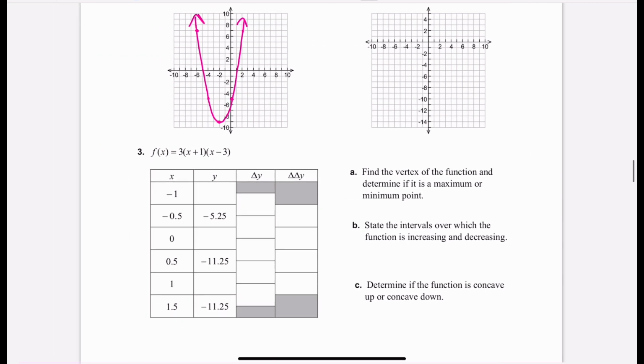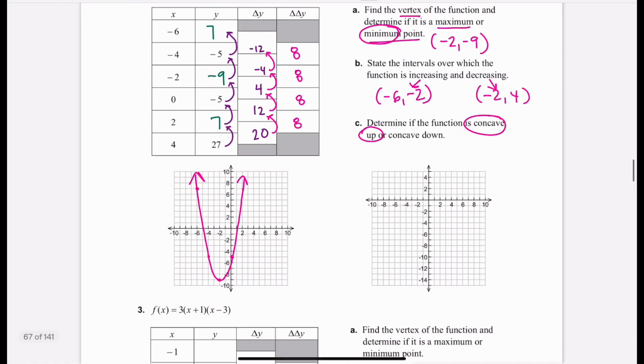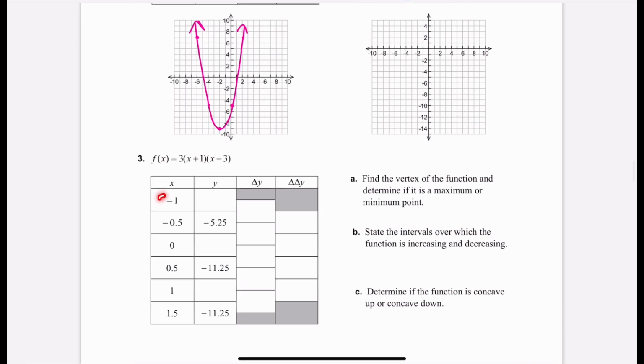Okay, number 3, we're going to plug our points in. If I put a -1 into our equation, -1 plus 1 gives me a 0. 3 times 0 is 0, and -4 times 0 is also 0. So since I have a 0 here, the whole thing cancels out to be a 0.